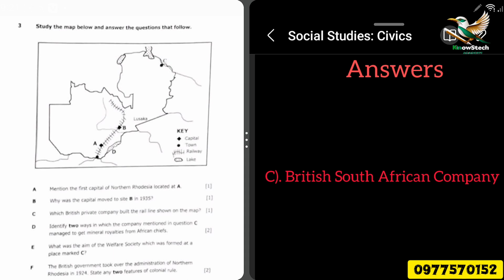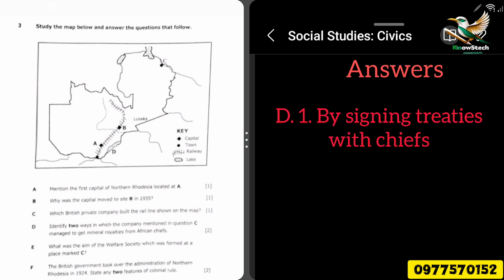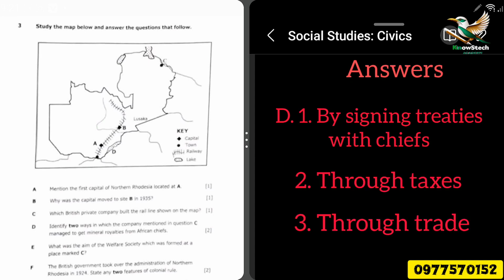D. Identify two ways in which the company mentioned in question C managed to get mineral royalties from African chiefs. Number 1, by signing treaties or agreements with chiefs. 2, through taxes. 3, you can say through trade. 4, they gained mineral rights.